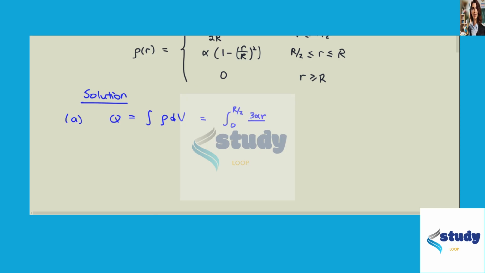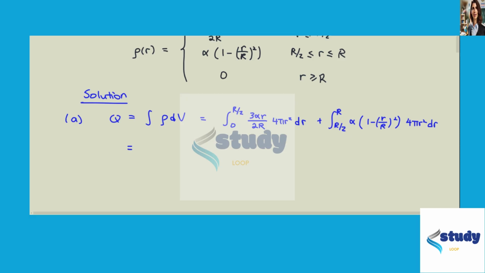The first integral is 3 alpha r divided by 2 big R times 4 pi r squared dr, plus from R over 2 to big R, alpha times (1 minus small r divided by the radius) squared, and then 4 pi r squared dr. Because this is a spherical charge distribution, dV will be 4 pi r squared dr.